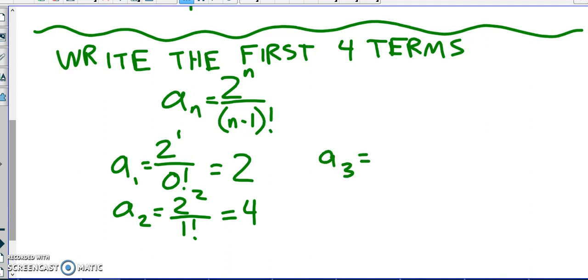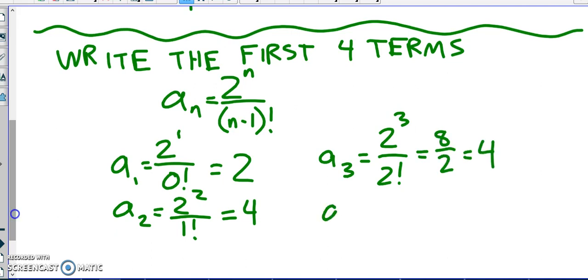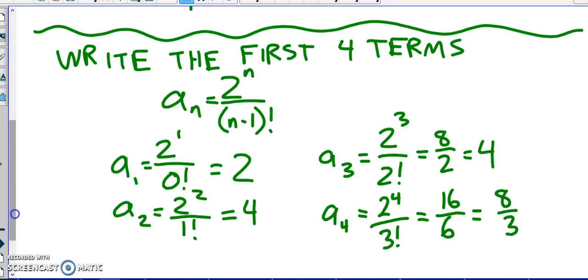A3 would be 2 cubed over 2 factorial. 2 factorial is 2 times 1, which is 2. 2 cubed is 8, so that's 8 over 2, which would be 4. And then A4 would be 2 to the 4th over 3 factorial. 3 factorial is 3 times 2 times 1. So this would be 16 over 6, which is 8/3.